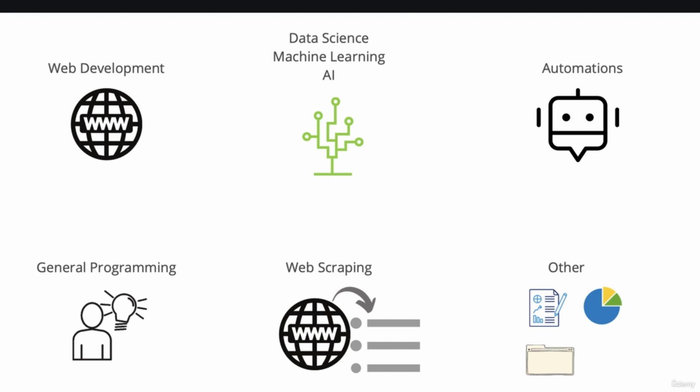That is not the best area where Python excels, because there are other programming languages which are better for that, such as Java and C. So Python is best for web development, data science, machine learning, AI, and automations, and general programming, web scraping as well. And some people also use Python to create and sell APIs.